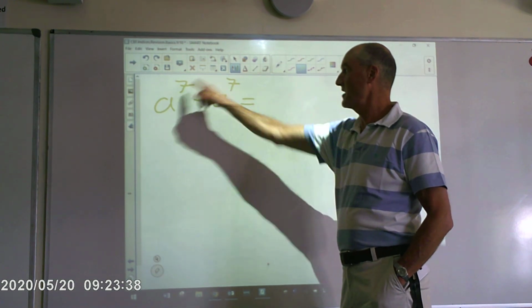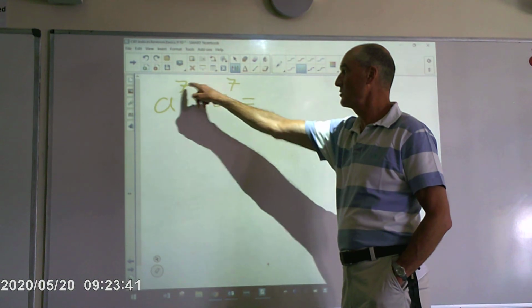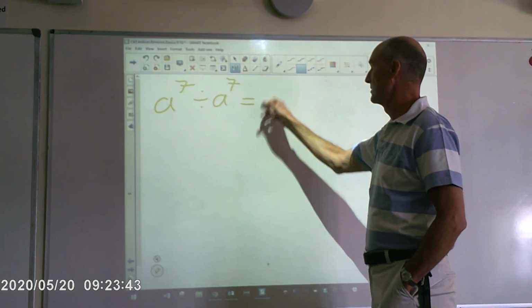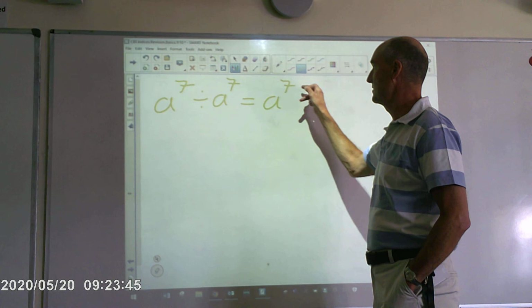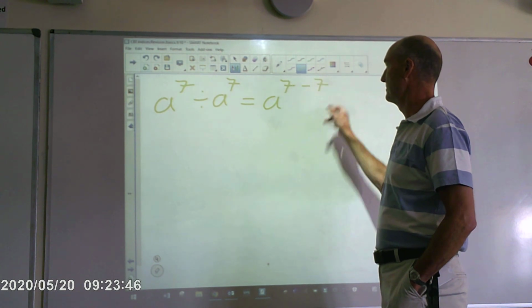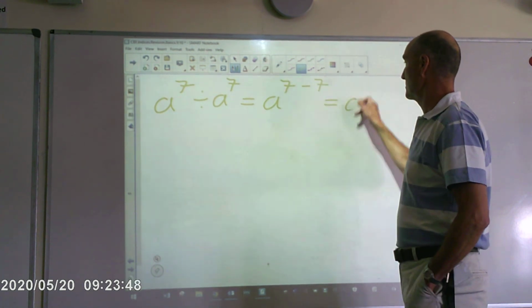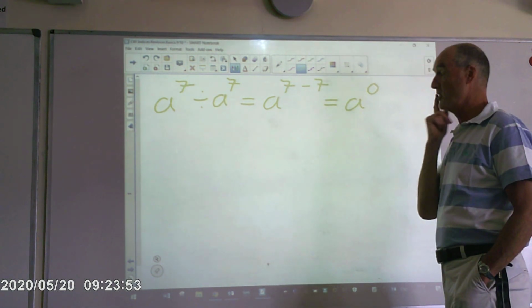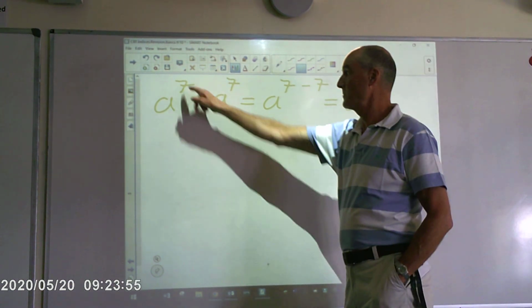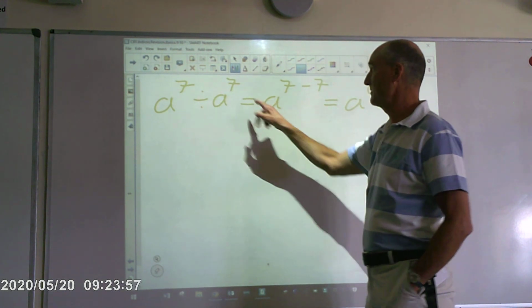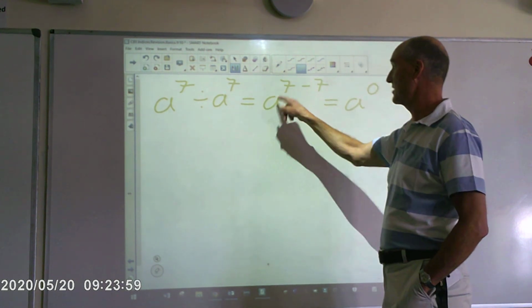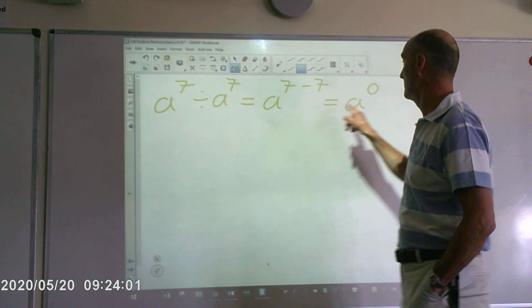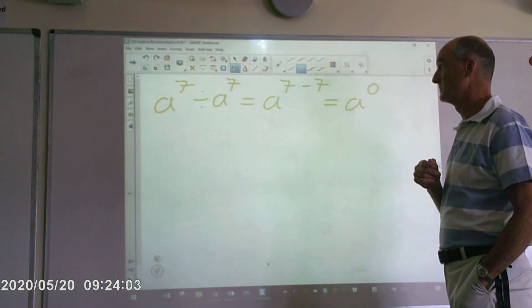Anything raised to a power, if we're dividing, what do we do with those powers? We subtract them. So it would be a 7 minus 7, which would give us a to the power of 0. You agree? Our rules that we've been through already say it's a 7 minus 7, a to the power of 0.